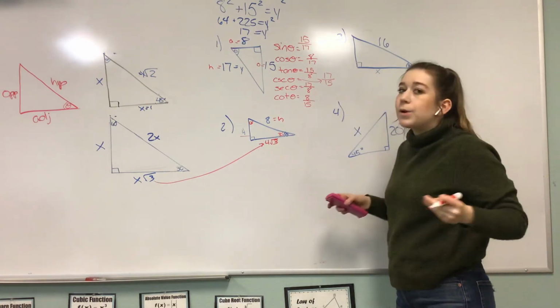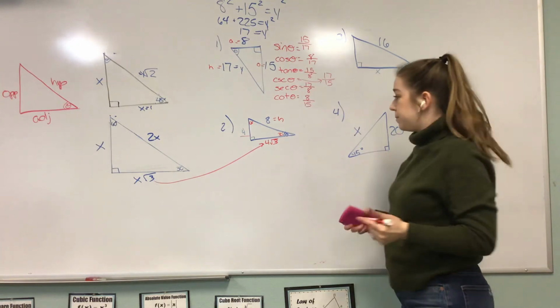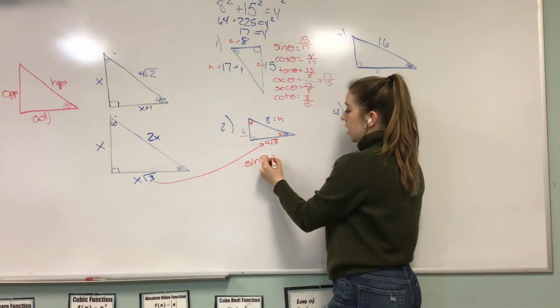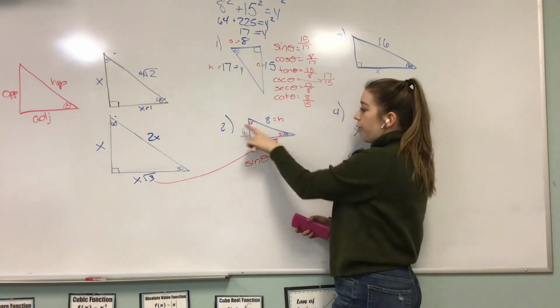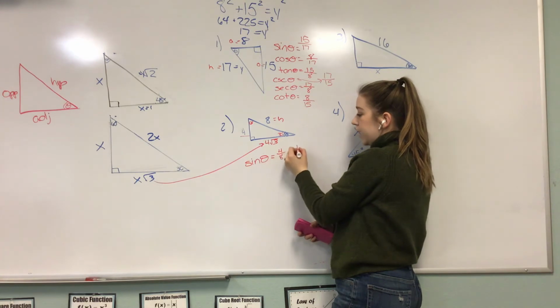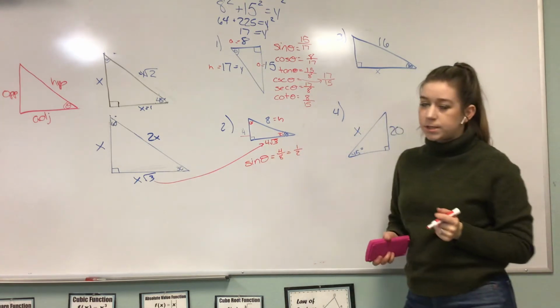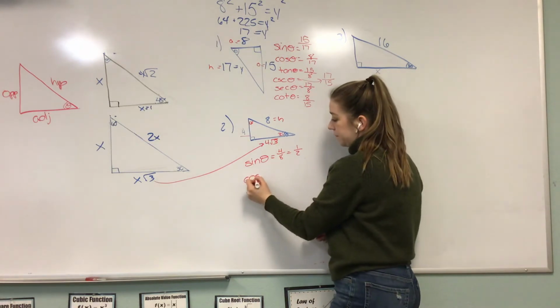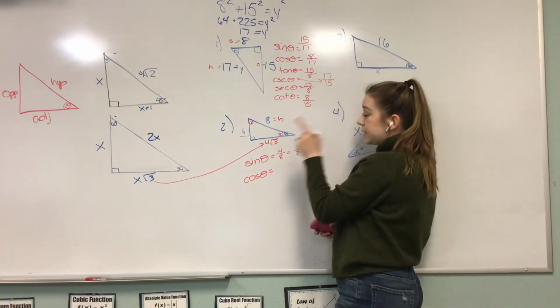Now we're ready to write out our 6 values. Sine is opposite over hypotenuse, 4 over 8, which, yes, please reduce your fractions if possible, is 1/2. Cosine is adjacent over hypotenuse.